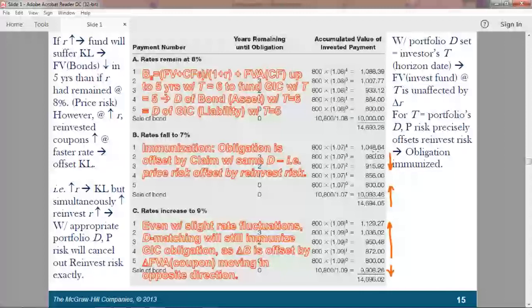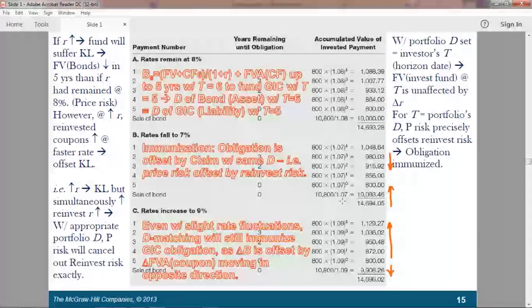But because the present value of the face value of the bond and the final coupon payment will be greater, in other words, the net effect is we're still fine, we're still good, right? Our assets can meet our obligation.